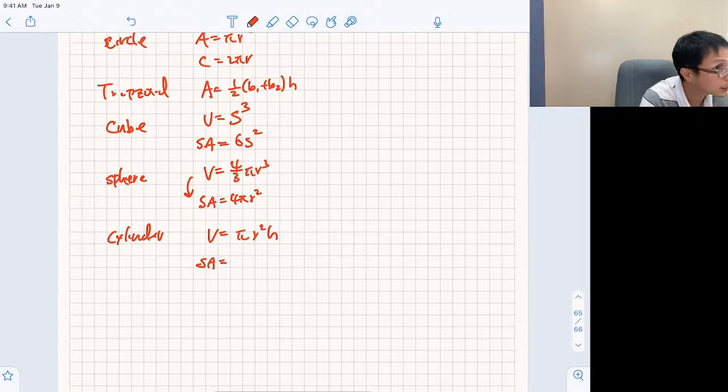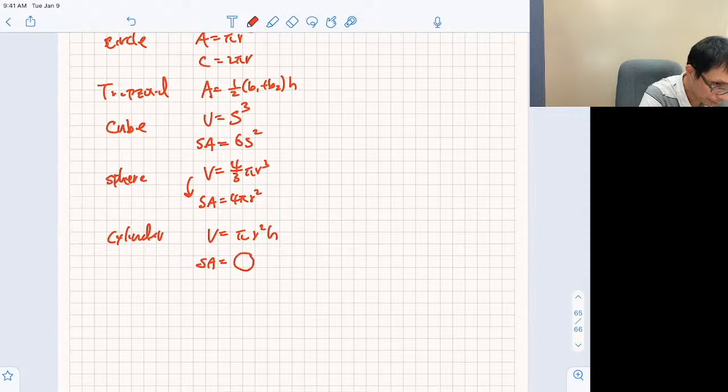That was kind of tricky. Pi r squared, plus something. 2 pi r h, plus the circumference times the height. Yep, exactly.